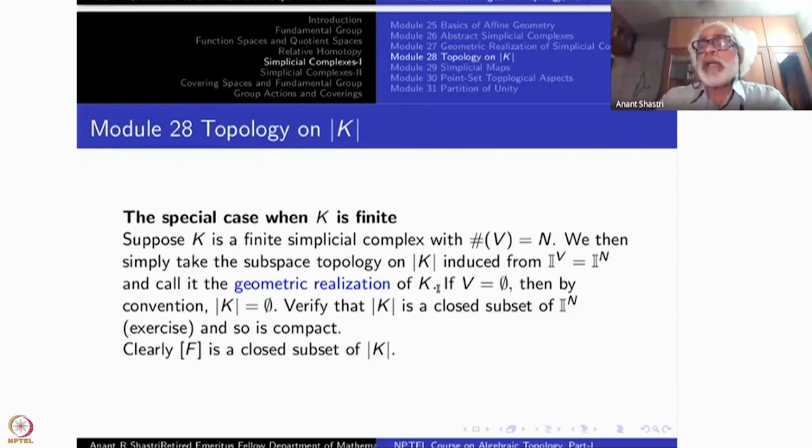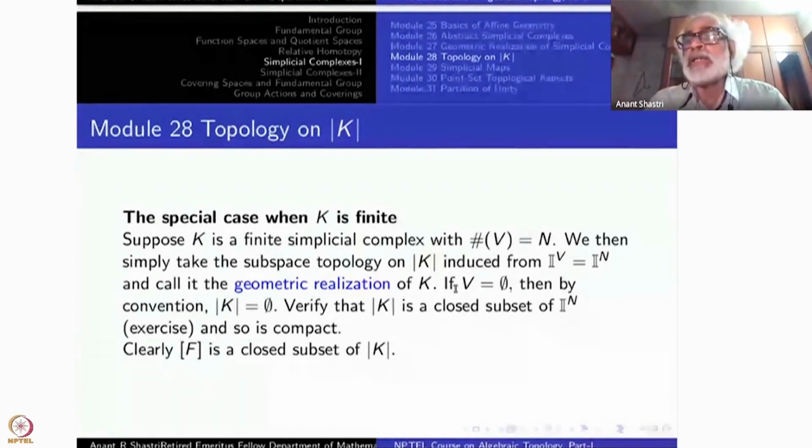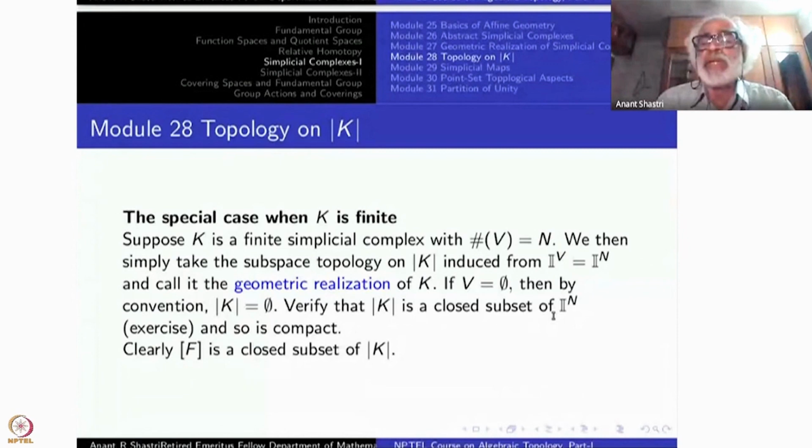The geometric realization of K, denoted by mod K, is not just a set. It has a topology. What is this topology? At least in the case of K finite, it is the subspace of I power V. It is a subset of I power V already, and you take the subspace topology. You already noticed that this is given by a closed condition, so mod K is a closed subset of this cube.